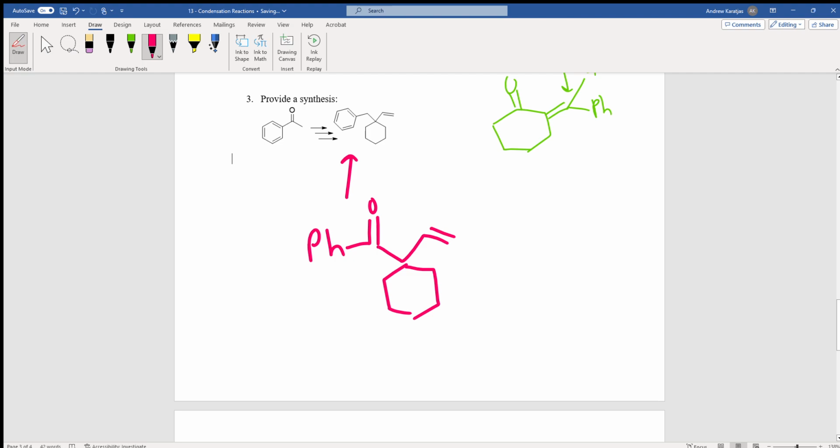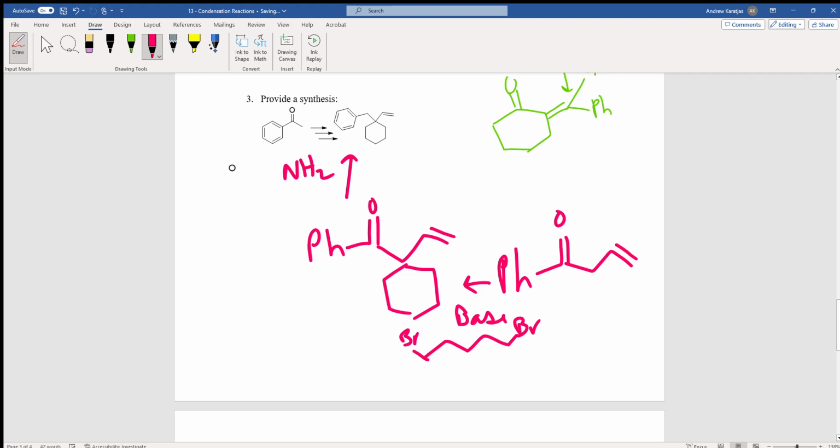And then presumably we could add in all of those carbons there by doing an alpha substitution. In this case, it would be double alpha substitution, but it would allow us to get there.